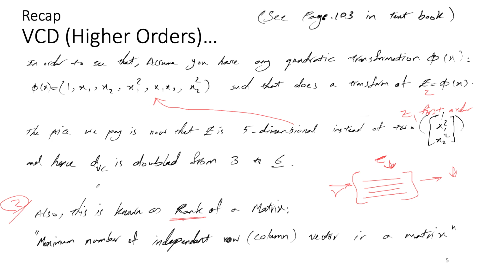So if you have a simple matrix like this, like 2, 4, 6, with 2 rows and 3 columns, and the second row is 1, 2, 3, right? If you take a look at the rows, the second row and the first row are linearly dependent because it's just a multiplication by 2 of each of the elements.